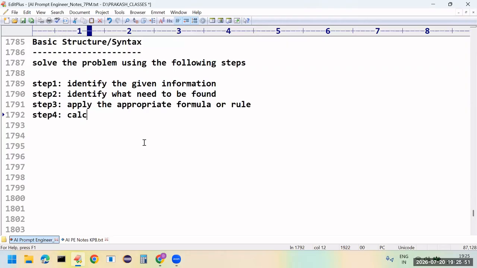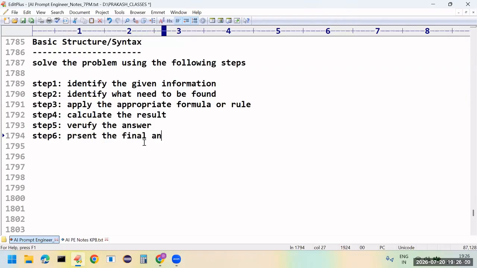After that, calculate the result. Next, step 5: verify the answer. And at last, present the final answer.